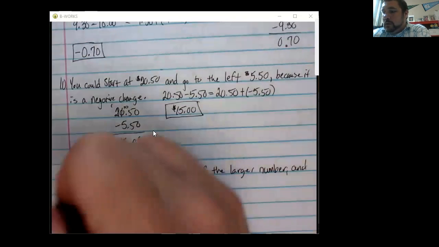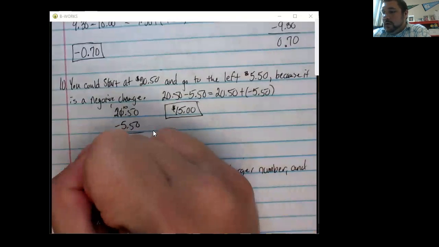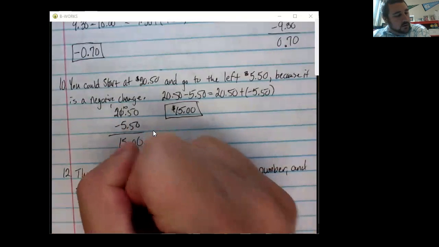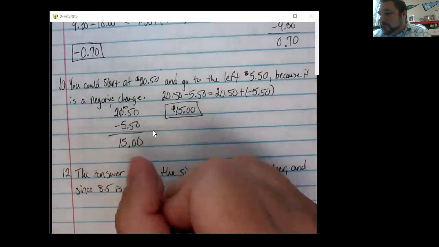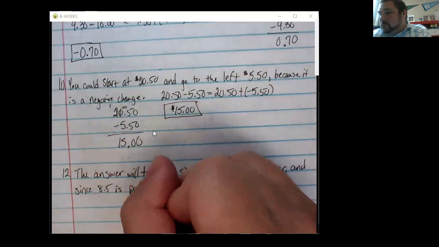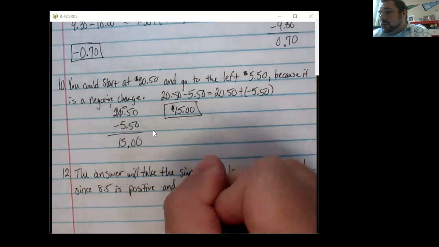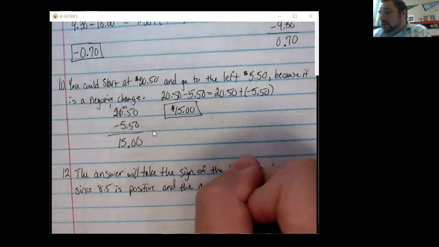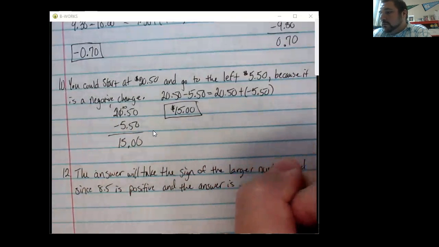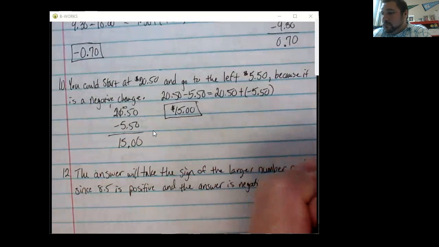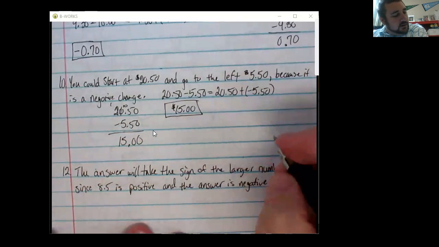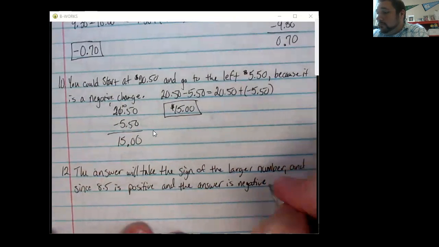Since 8.5 is positive and the answer is negative, then the other number has to be negative.